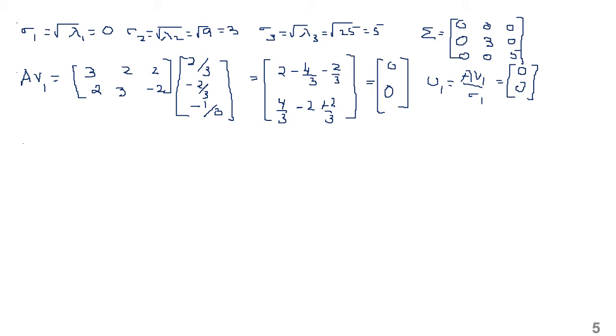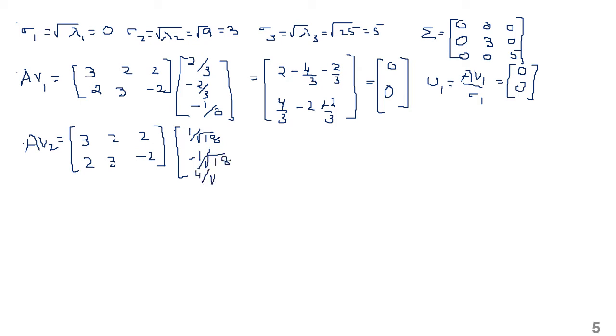Second step is to find out AV2. It is 3, 2, 2, 2, 3, minus 2 multiplied by the vector 1 by root 18, minus 1 divided by root 18, 4 divided by root 18.